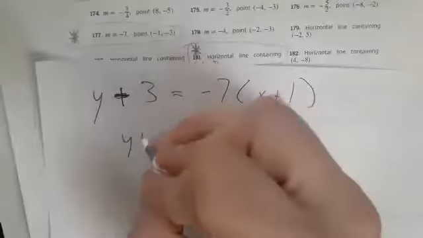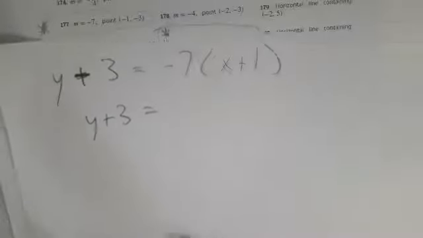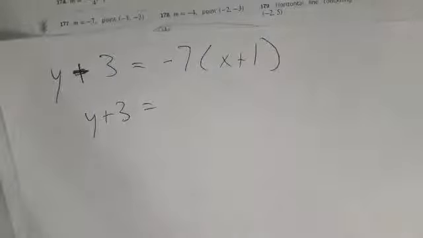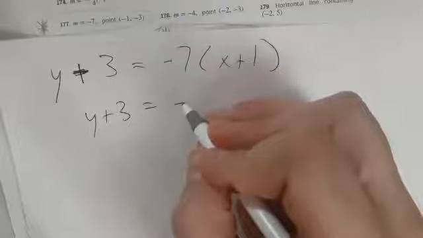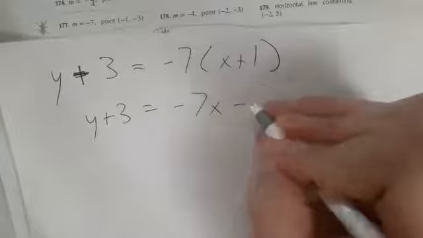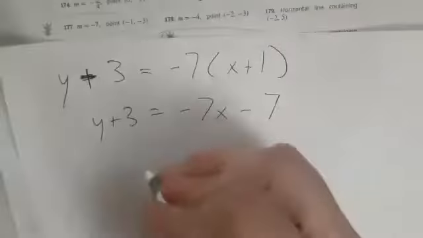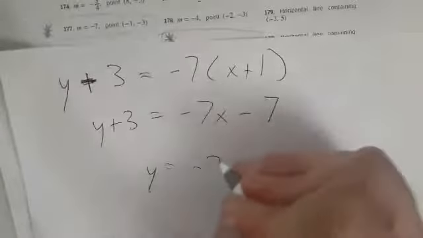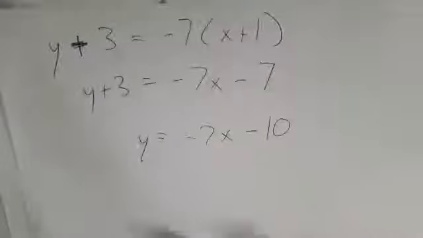This is y plus 3. This side should look like what? Someone give me this. -7x minus 7. Yes, do some distribution. That's good. And then the last thing, we're going to subtract 3 from both sides, -7x. And this is going to be -10 now?